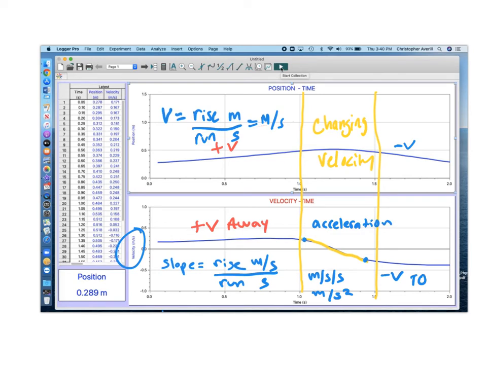So what I want you to notice is this period here where I have a slope that's greater than or less than 0, it's showing us my acceleration. And that makes sense because during this time period I'm changing velocity. And so that helps us understand what exactly is the concept of acceleration.